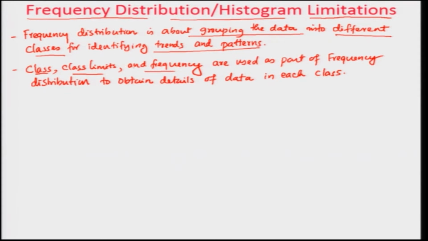Classes, class limits, boundaries and frequency are used as part of frequency distribution to obtain details of the data in each class. So from each category, how much data belongs to that category, we use these tools to identify that.